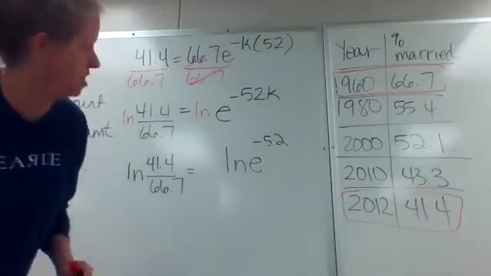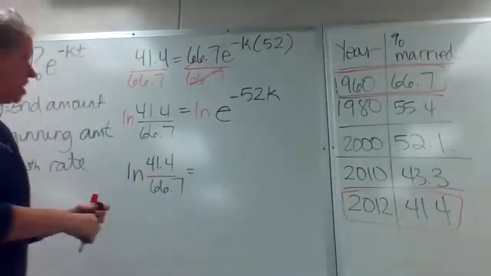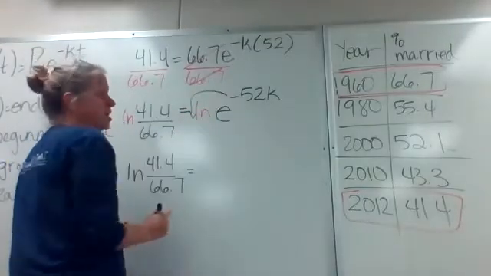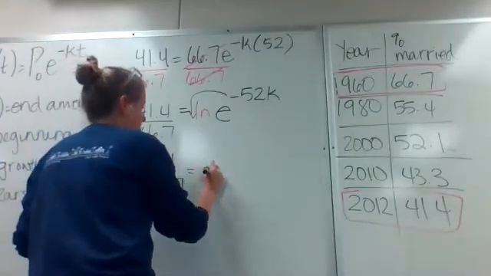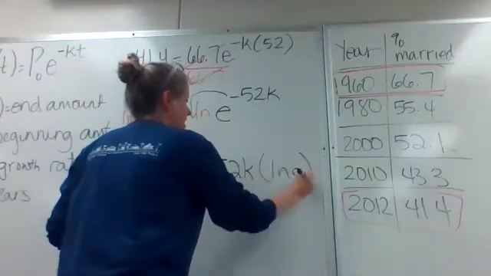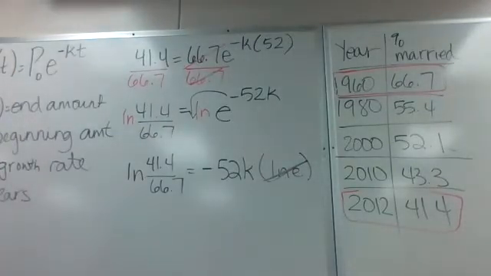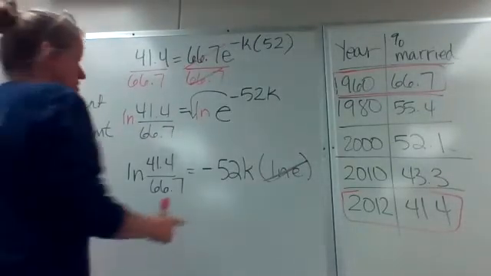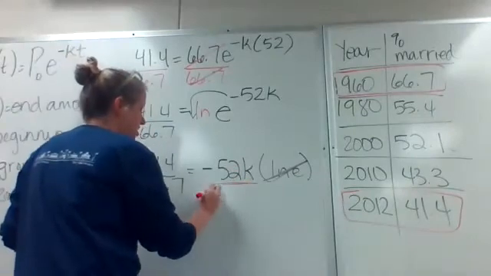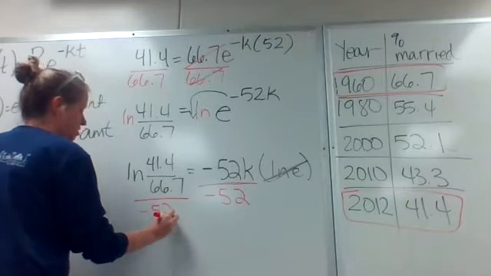Since I am ln'ing that side, what does that mean I can now do? Bring down the exponent. So negative 52K times ln of E, which again is 1. So to get this K by itself, I just need to divide by negative 52.